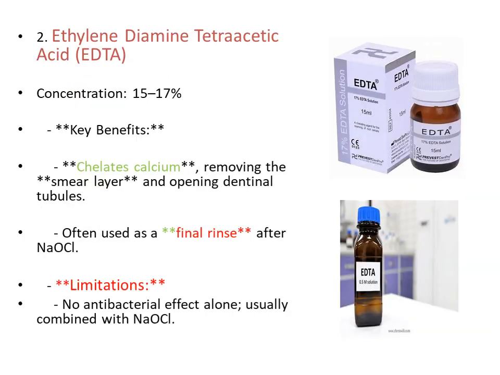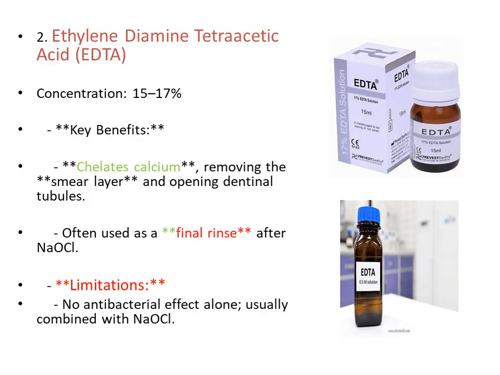The second root canal irrigant used is ethylene diamine tetraacetic acid, EDTA, a very common name. Every dentist usually understands it. Its concentration used in dentistry is normally 15 to 17%. The key benefit of EDTA is that it chelates the calcium, removing the smear layer and opening the dentinal tubules.